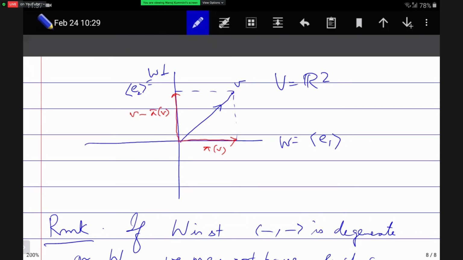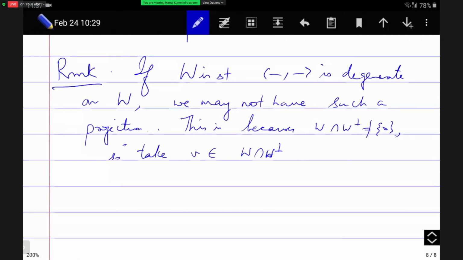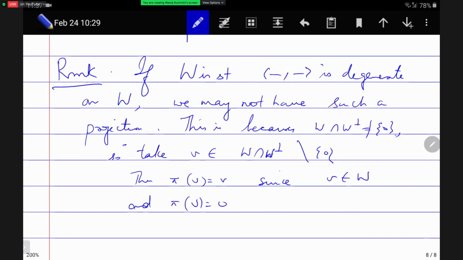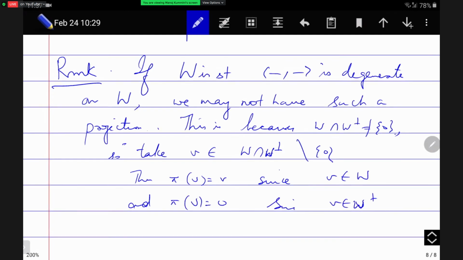So then pi of v should be v, which is not 0, since v is inside W, and pi of v should be 0 since v is inside W perp. This is a contradiction.